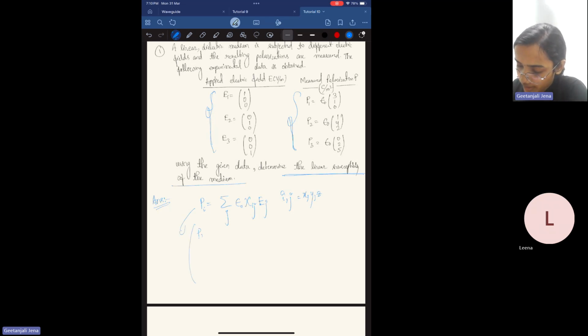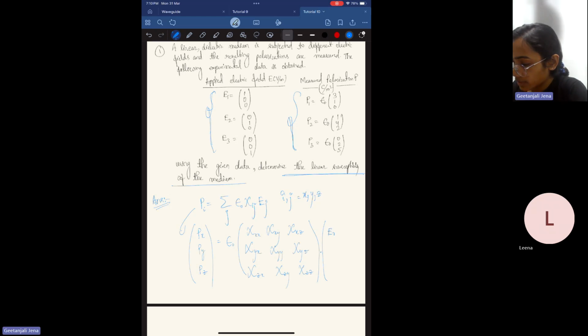In matrix form you can write Px, Py, Pz equals epsilon 0 times the matrix chi xx, chi xy, chi xz, chi yx, chi yy, chi yz, chi zx, chi zy and chi zz, multiplied by the electric field Ex, Ey, Ez. This has already been discussed in the class.